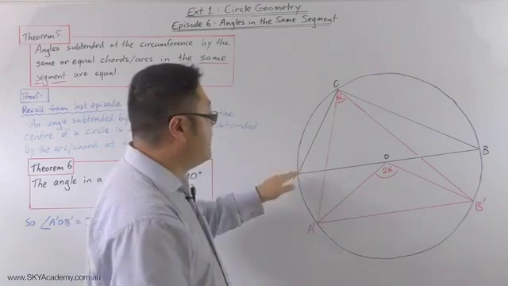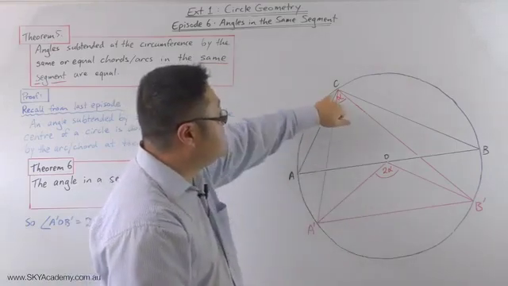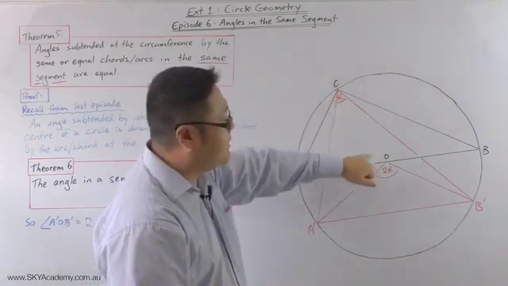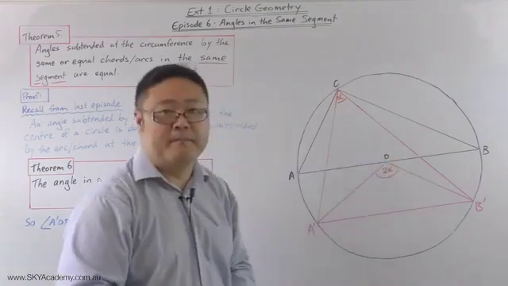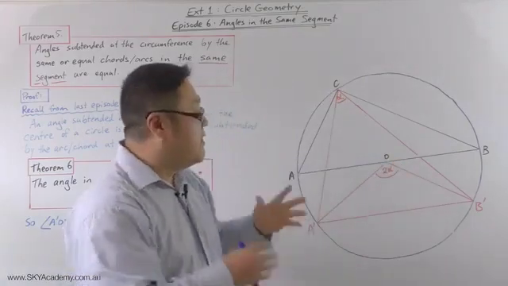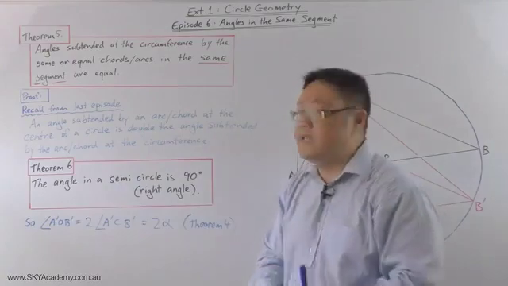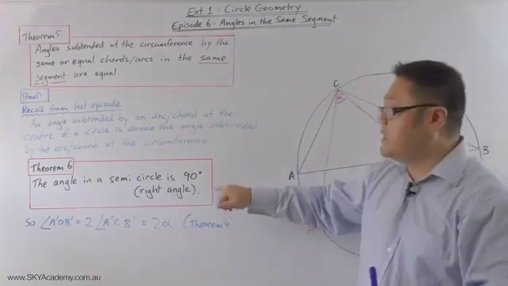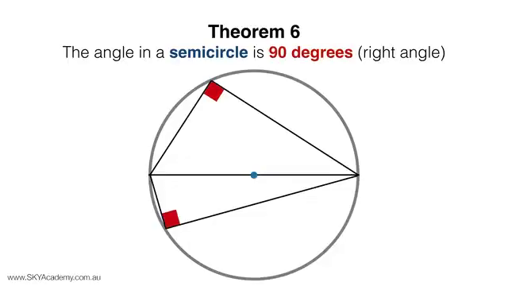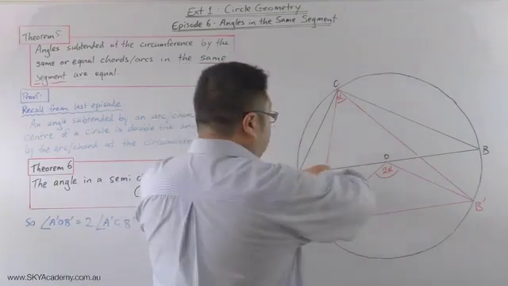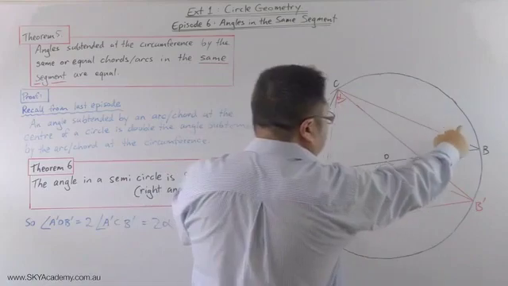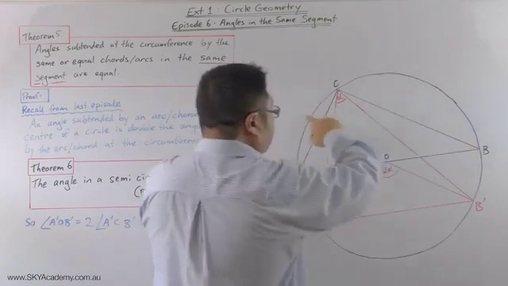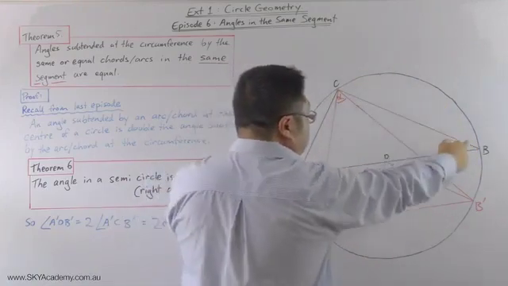That is theorem 6, which says the angle in a semicircle is 90 degrees, and it applies for any position along the circumference of the semicircle.